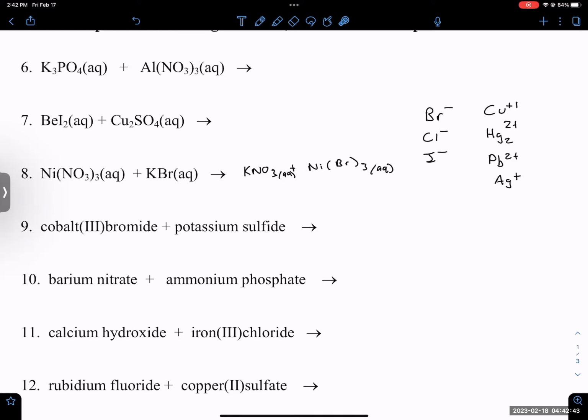Therefore, absolutely nothing is involved in a reaction. So what do we say when everything cancels out? Is there a reaction that happens? Therefore, we say no reaction. Perfect.